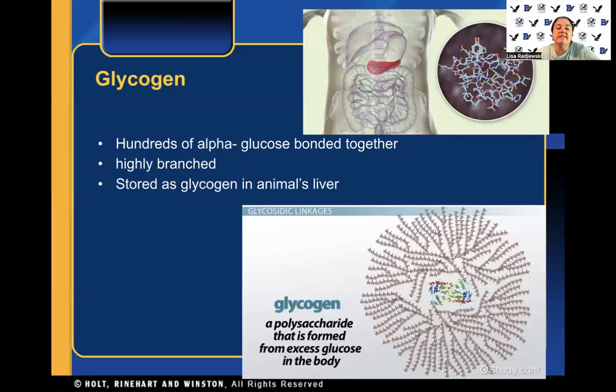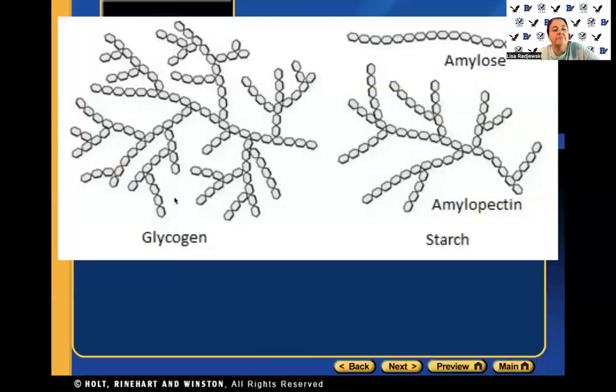We store glucose in our liver. If you took a little piece of liver and put it under an electron microscope, you would see glycogen molecules. So here's a picture of glycogen, and here's a picture of the 2 starches. Amylose, again, is linear, and eventually will be helical, but amylopectin is branched, but look, glycogen is more branched. Remember, these 2 are types of starch, and glycogen is glycogen.